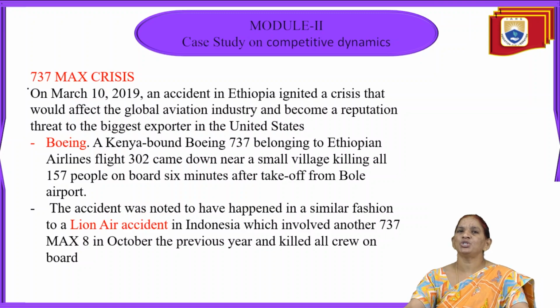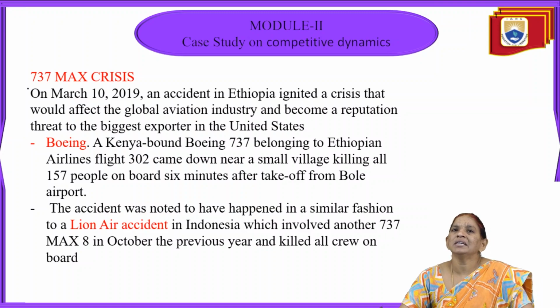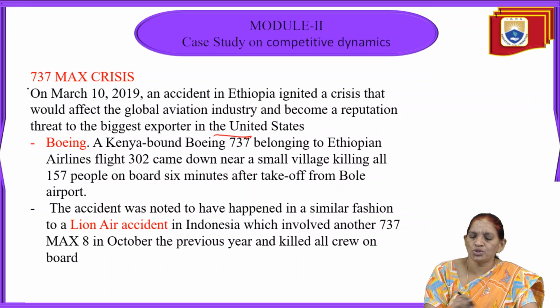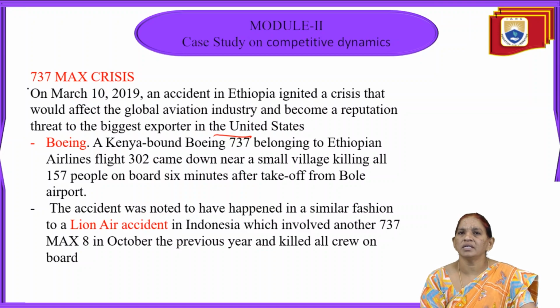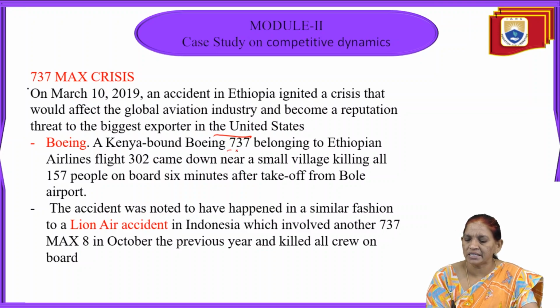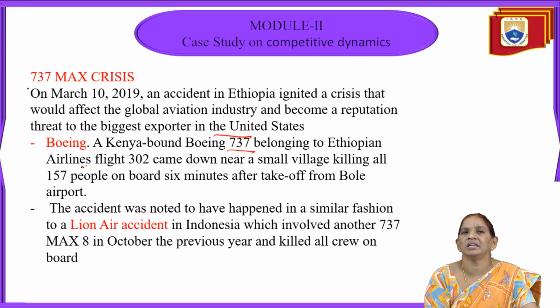On March 10th, 2019, an accident in Ethiopia ignited a crisis that affected the global aviation industry and became a repeated threat to the biggest exporter of the United States. That means an incident happened in Ethiopia with an aircraft from the US exporter, causing a threat to the reputation of the United States. It was a Kenya-bound Boeing 737 belonging to Ethiopian Airlines.